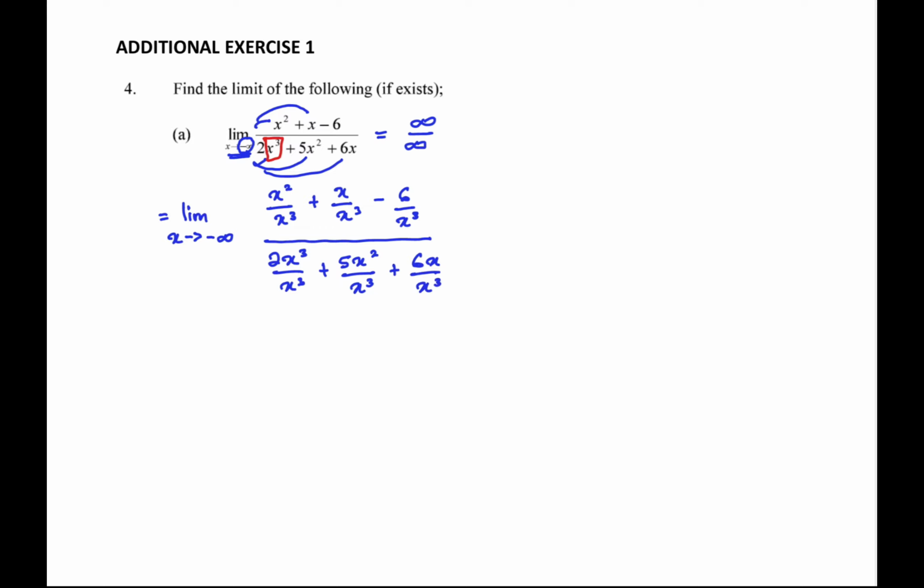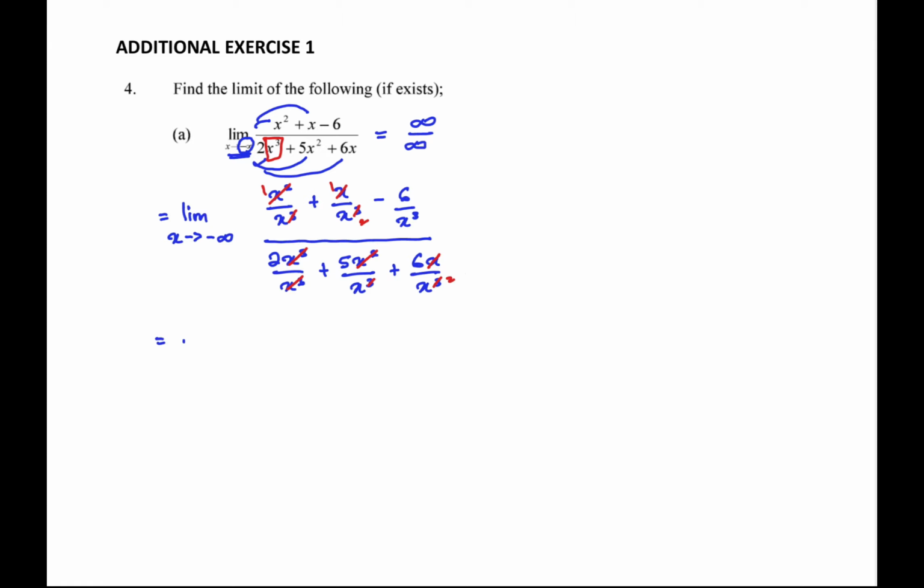When you simplify this, you get 1 over x, 1 over x squared, negative 6 over x cubed, and on the denominator you get 2, 5 over x, and the last one is 6 over x squared.